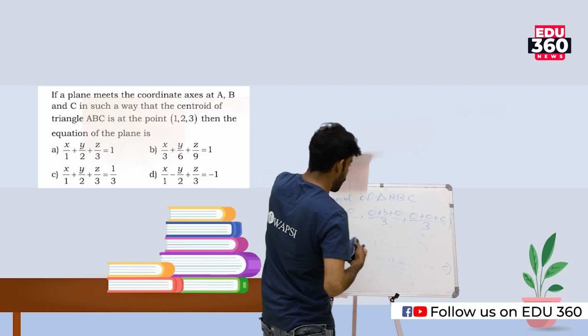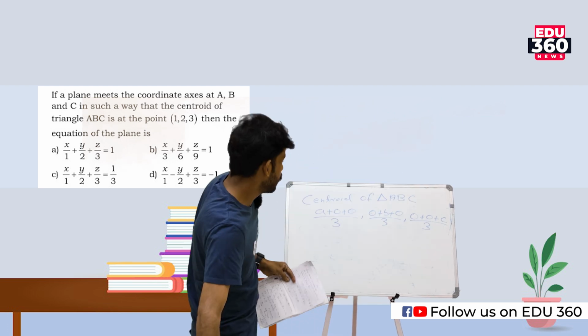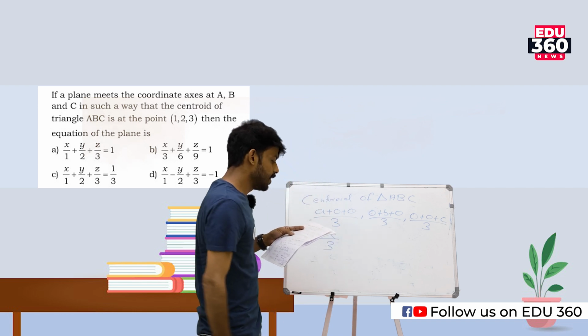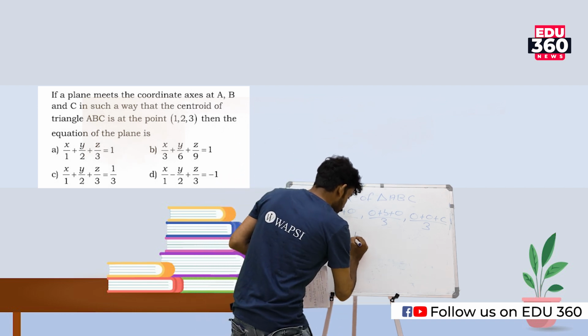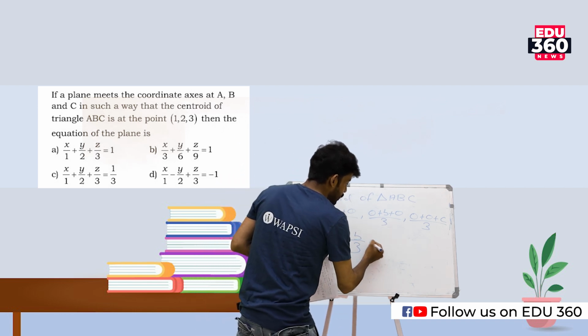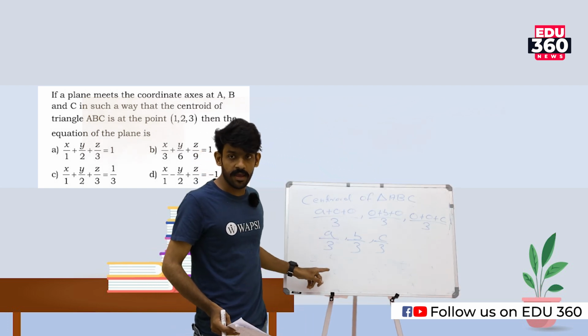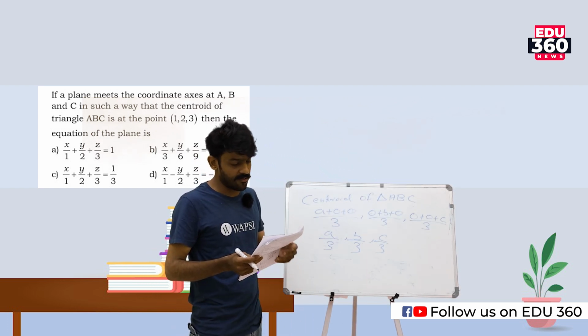The next one is B by 3, and the last one is C by 3. So we get A by 3, B by 3, and C by 3.